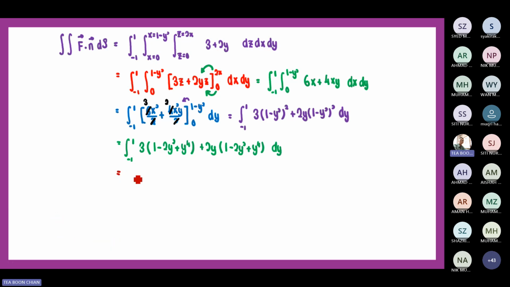And expand even further before I decide to integrate it. So 3 minus 6y squared plus 3y power 4 plus 2y minus 4y cubed. Expand again, I have plus 2y power 5.